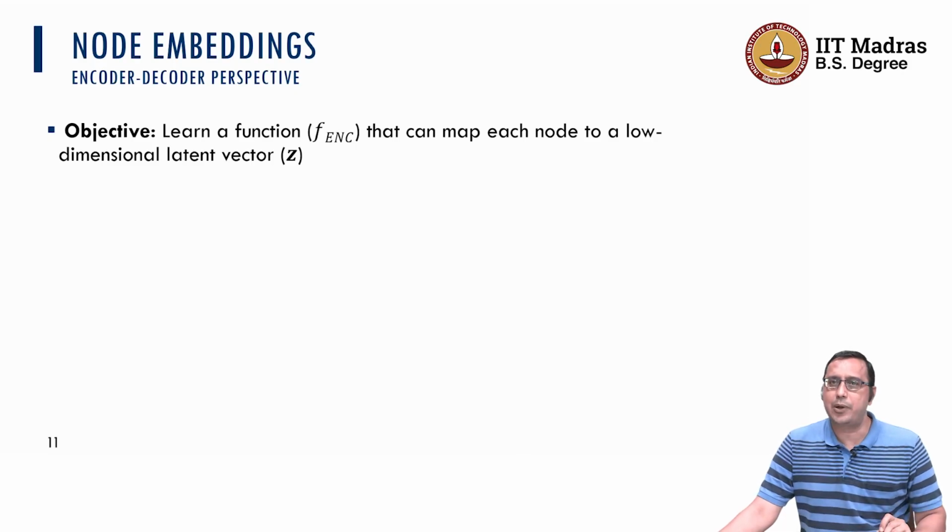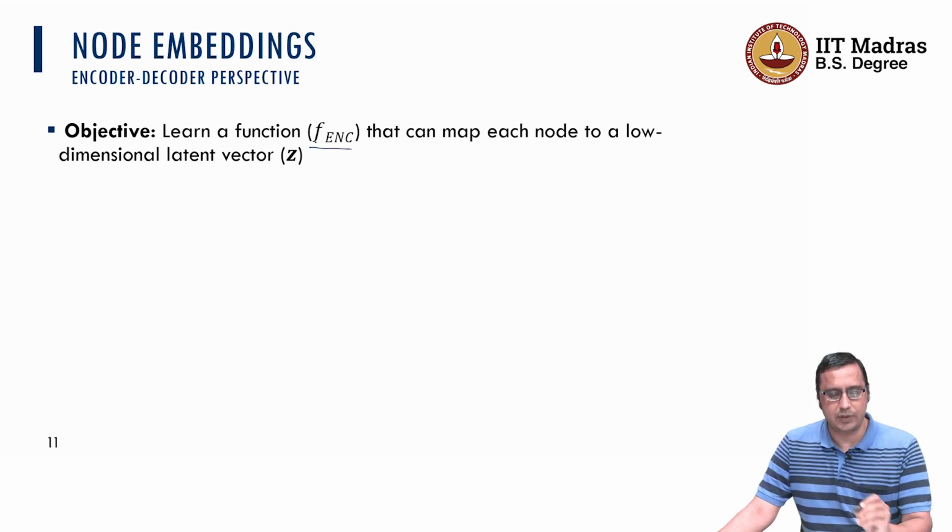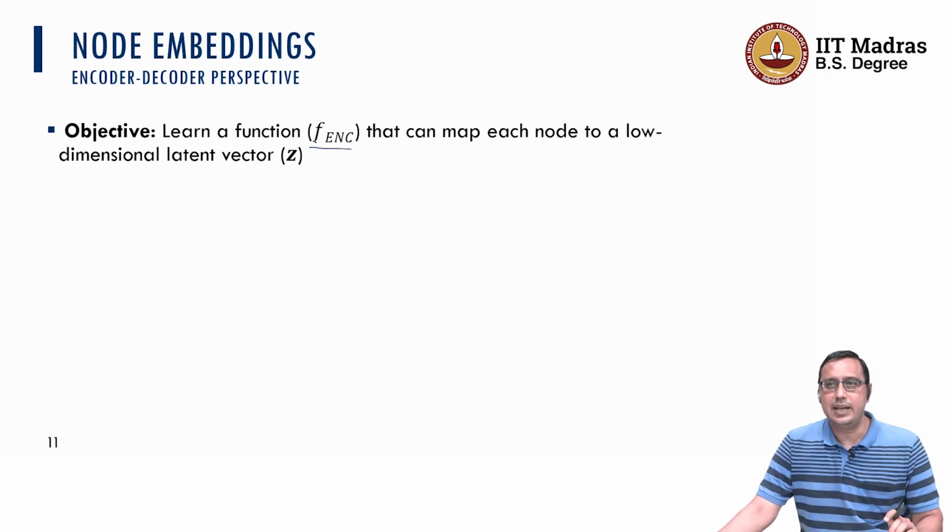Now let's go back to the encoder-decoder perspective. Here, as we know, given the graph, I want to learn a function f_enc, which is an encoder function that maps each node to a lower dimensional vector z.